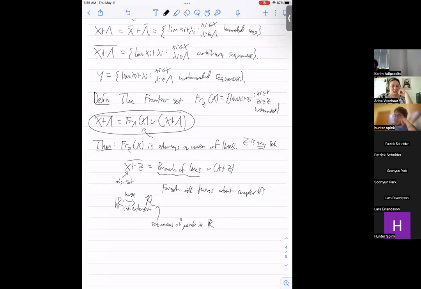Here is the thing. For every subset X inside R^n, we can produce this set X sharp inside R^n.